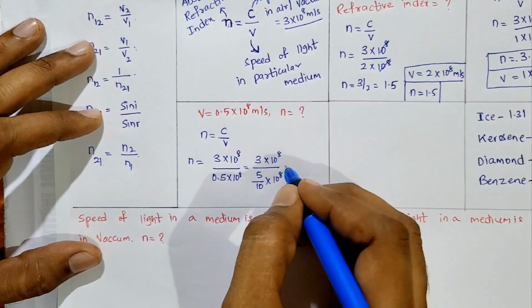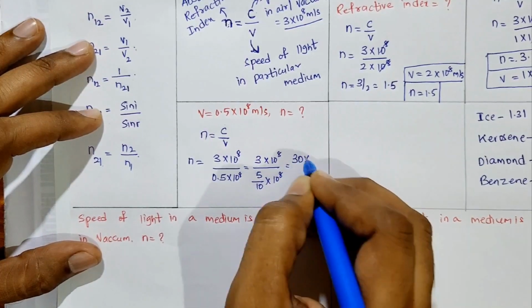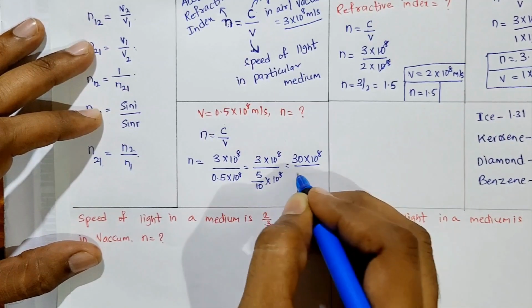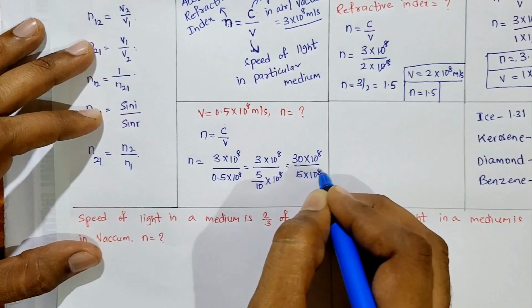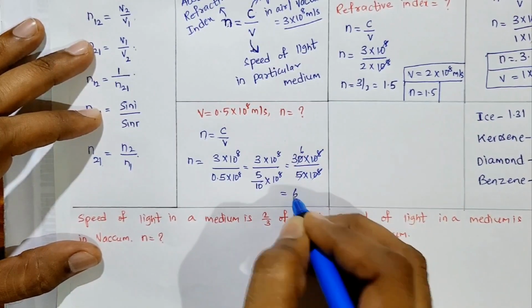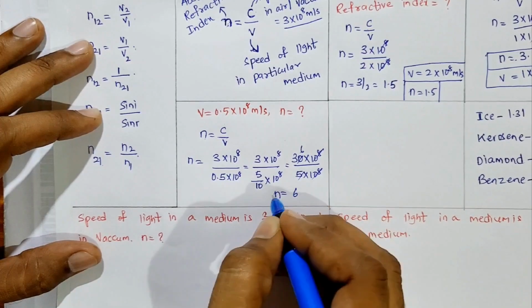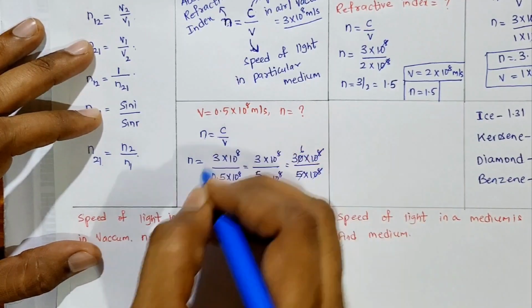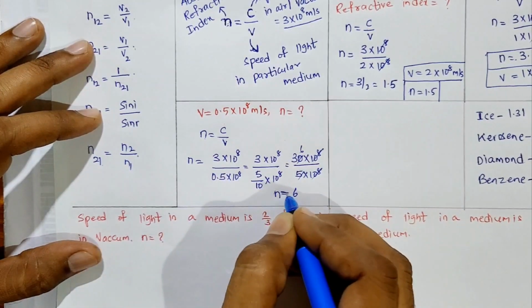This 10 goes up. It will be 30 into 10 power 8 divided by 5 into 10 power 8. 10 power 8, 10 power 8 cancels, 5 sixes are 30. That is going to be 6. n is equal to 6.